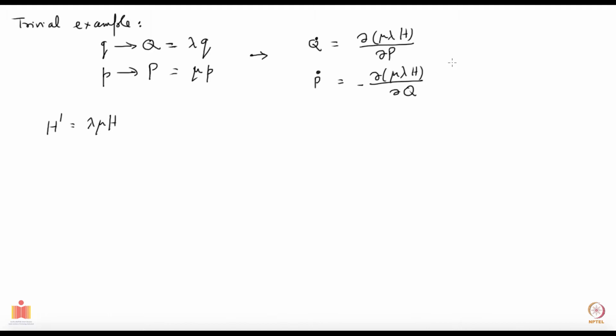Okay, so what I can do is, if my system is described by coordinates q and p, and the equations of motion are canonical, and if I go and use a different set of coordinates, capital Q and capital P, okay, here I have done a general coordinate transformation.